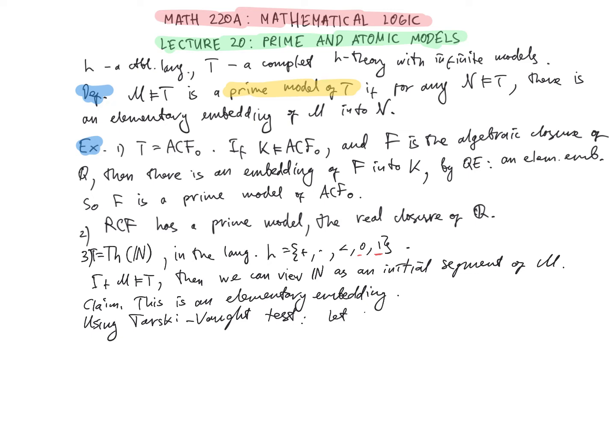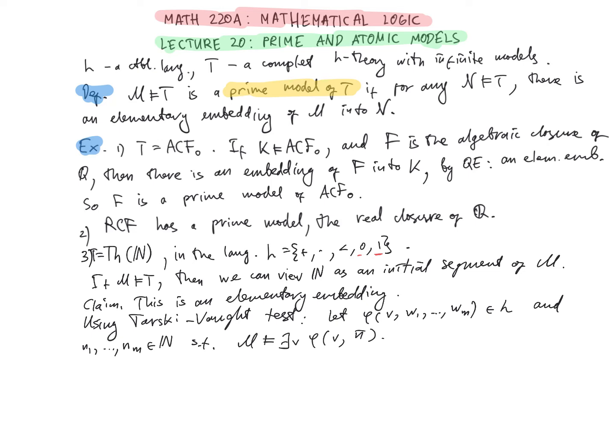So namely, assume that phi of v, w1 through wm is an L formula and n1 through nm are natural numbers such that M satisfies exists v phi of v and n-bar.